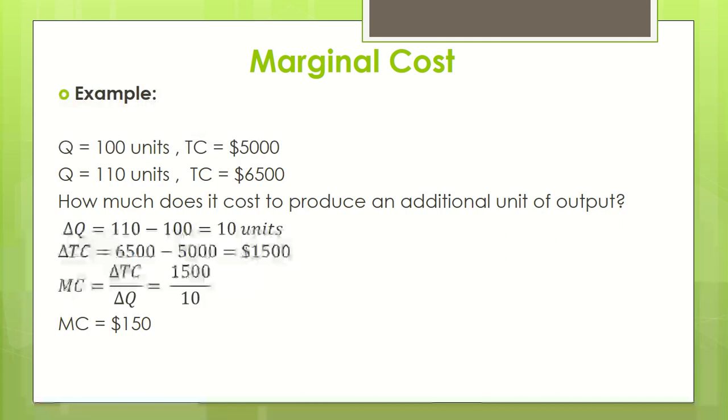If the marginal product is greater than marginal cost, firms continue to produce additional units of output. But on the other hand, if the marginal product is less than marginal cost, firms stop producing that product as their cost is now increasing.